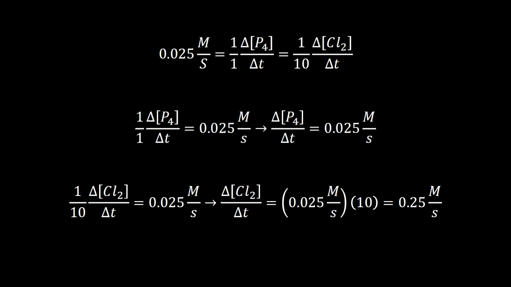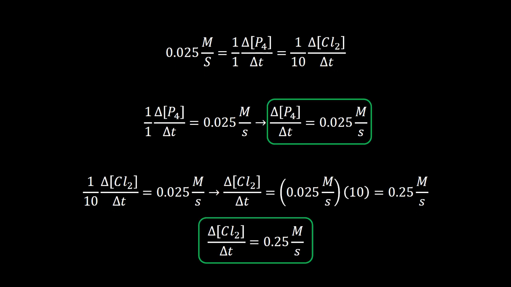Now, since 1/10 times the rate of change of Cl2 equals 0.025 molars per second, multiply both sides by 10 to get the rate of change of Cl2 with respect to time equaling 0.25 molars per second.